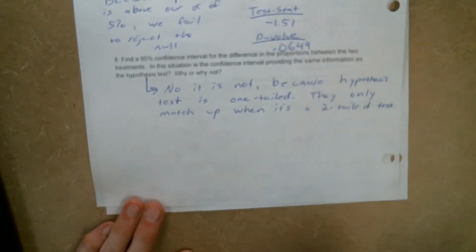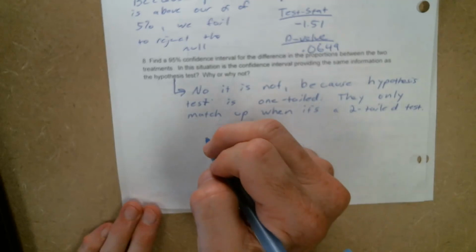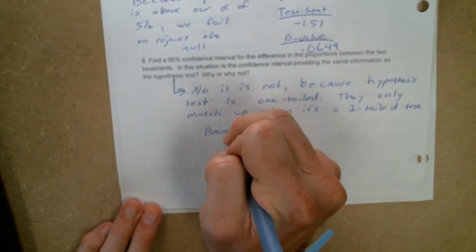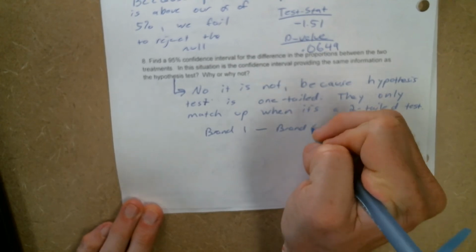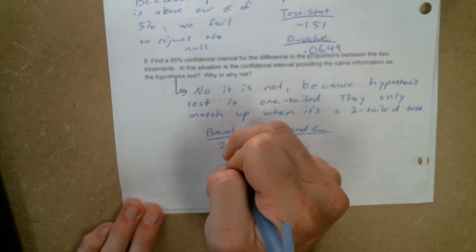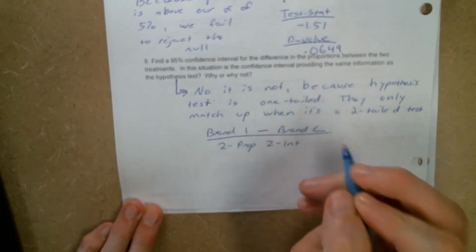All right. Now, with that out of the way, let's actually get our interval. And again, this time we're going to be doing brand I minus brand C. We're going to use the 2-prop Z interval.